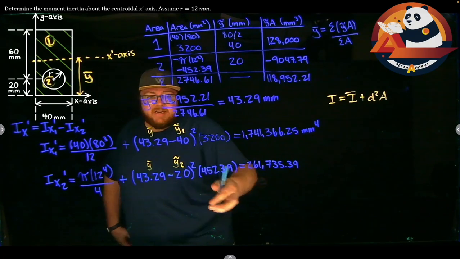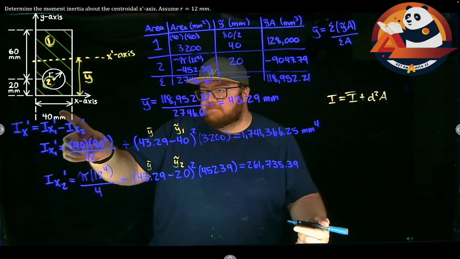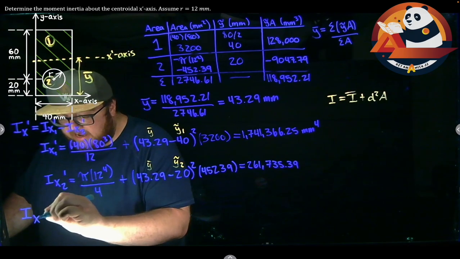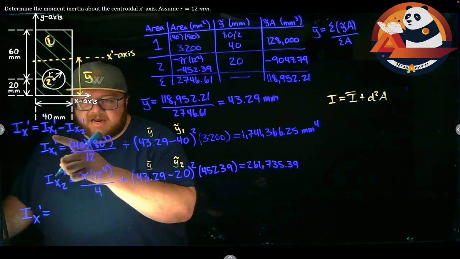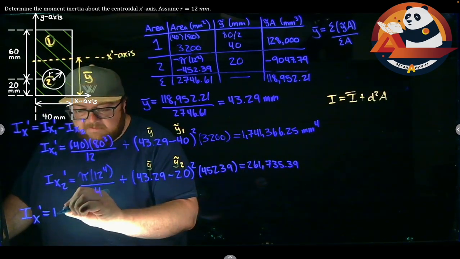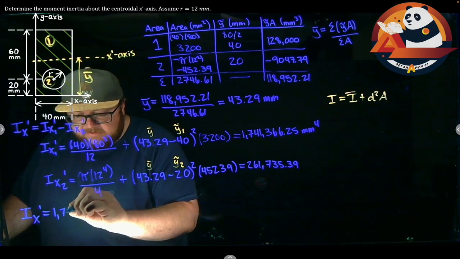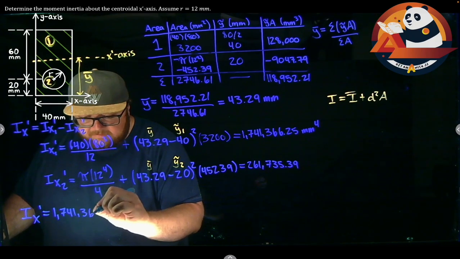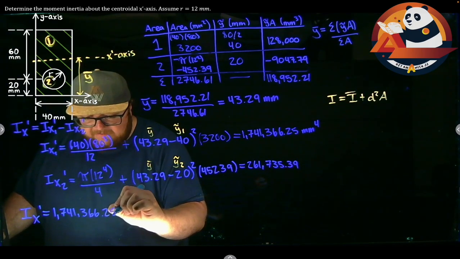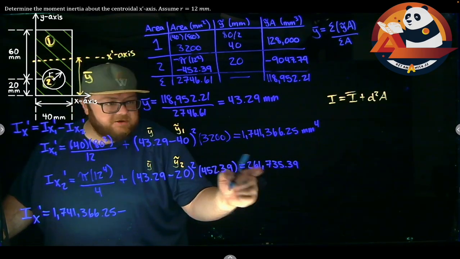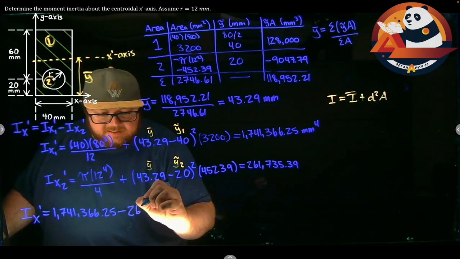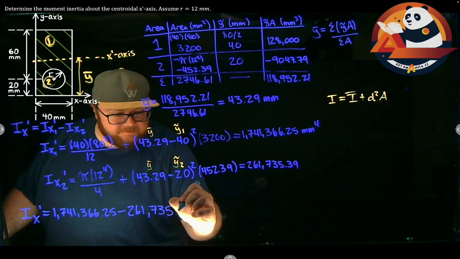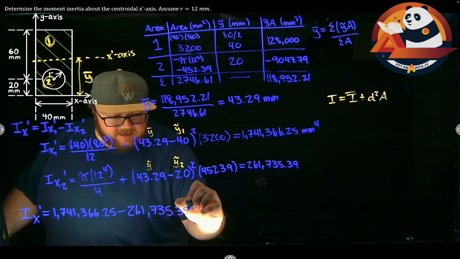My final steps then, I really have all the work done. I just need to combine it together. My Ix prime should be Ix1 prime, 1,741,366.25, minus Ix2 prime, 261,735.39.